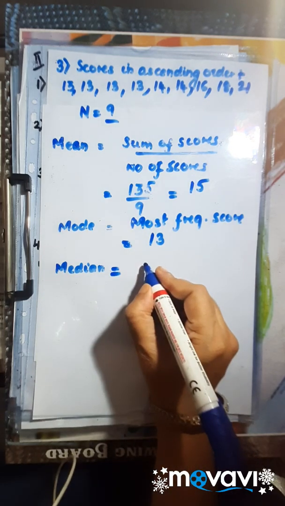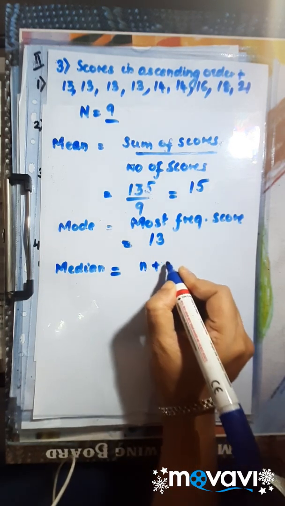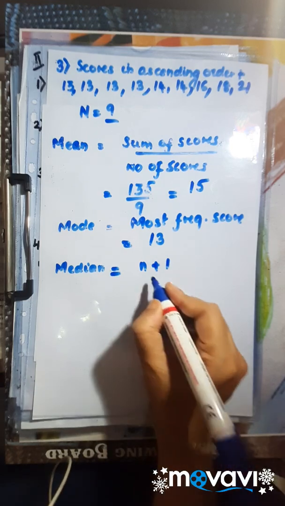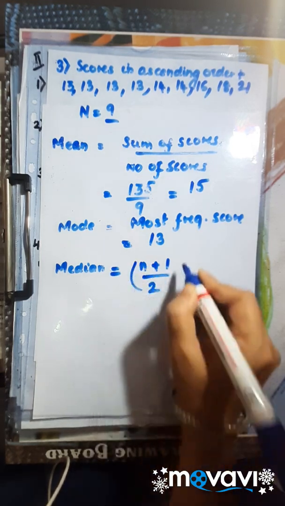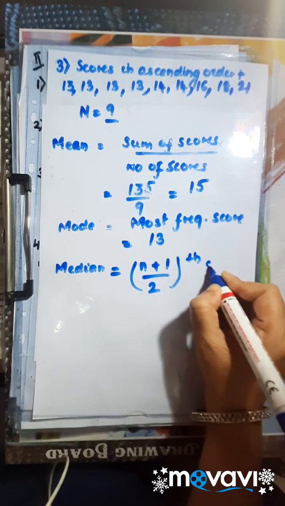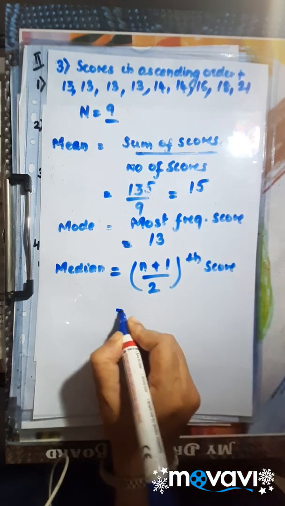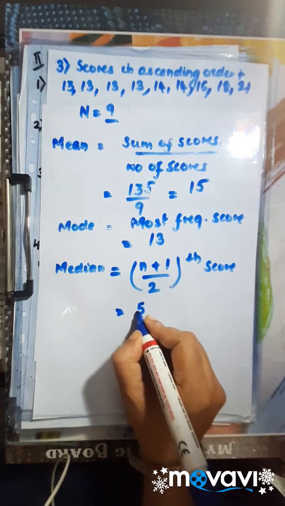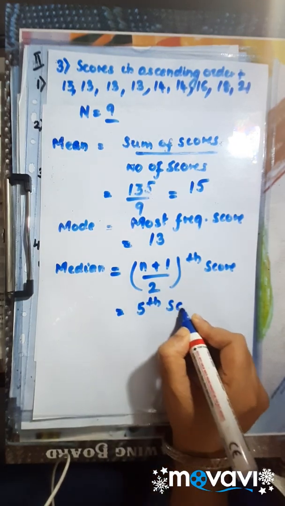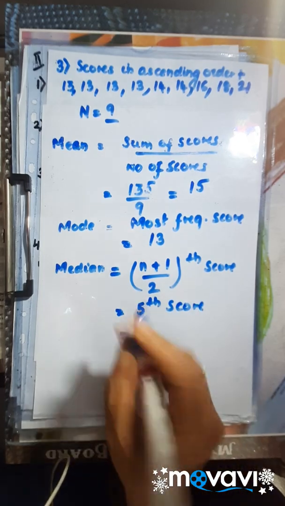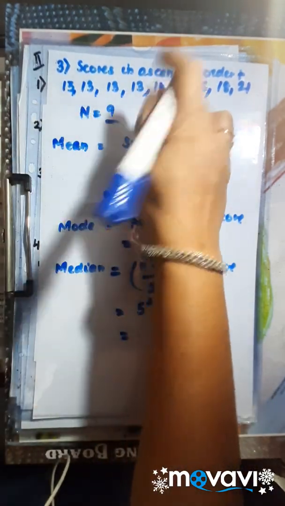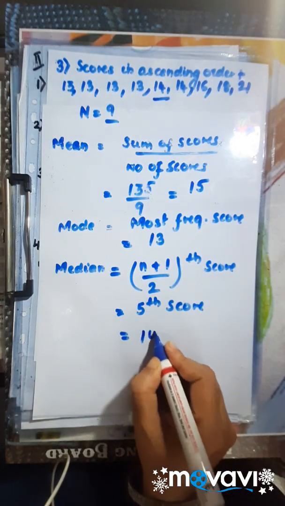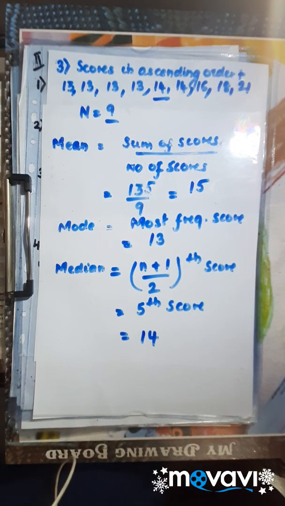So n plus 1 upon 2, that score. So 9 plus 1, 10 upon 2, 5th score. 1, 2, 3, 4, 5. This is the 5th score. So what is my median? My median is equal to 14. Okay. Now see the next sum.